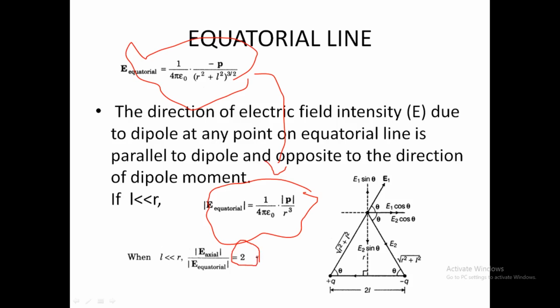The electric field on the axial line will always be double that of the electric field intensity at the equatorial point. The direction of electric field intensity on the equatorial line is parallel to the dipole, opposite to the direction of the dipole moment. In case of axial, it will be along the direction of the dipole moment.